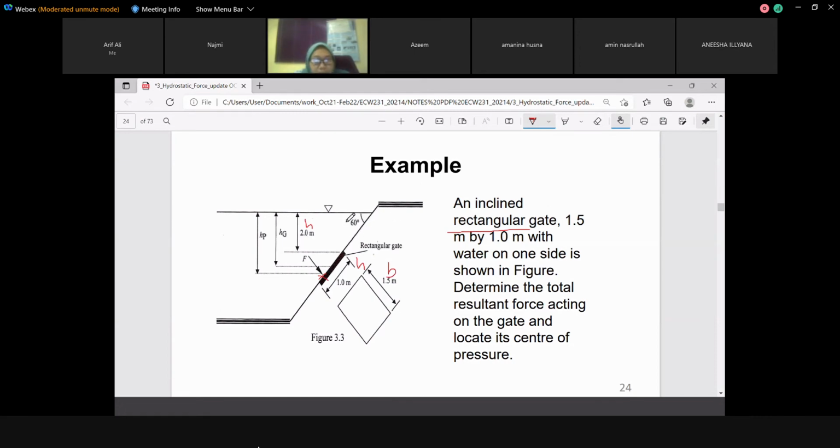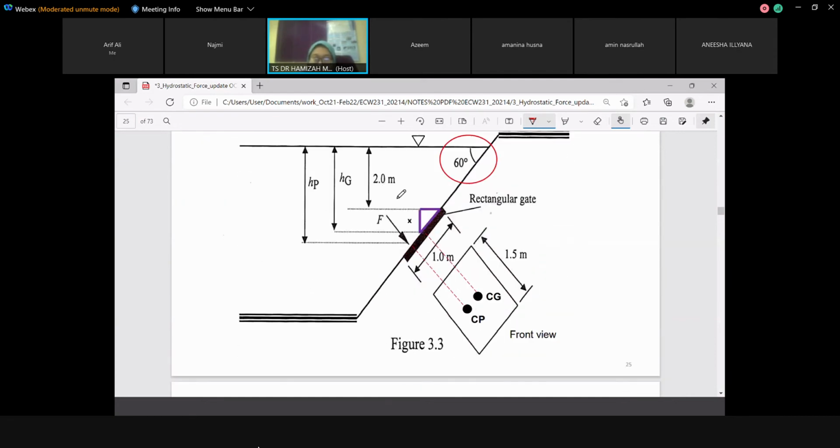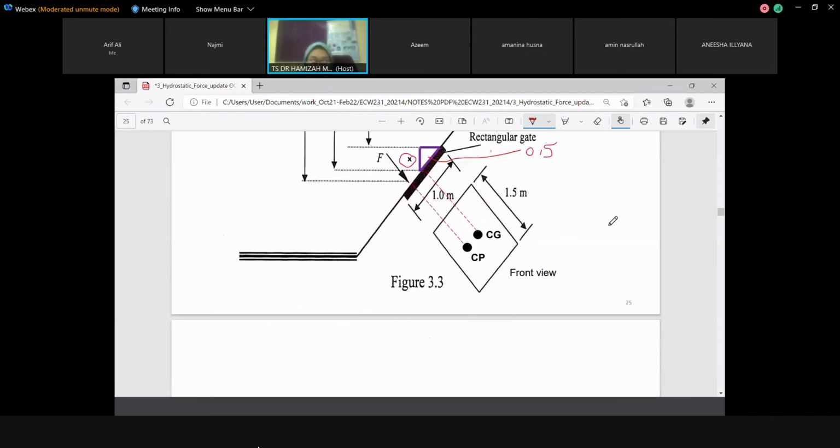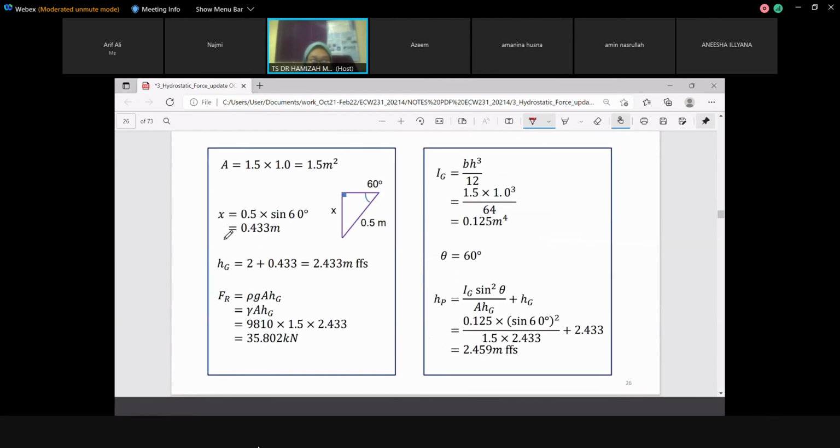Okay, why we need this angle? Sebab kita nak cari vertical height with the angle. Okay, so you can find the nilai X kat sini. Satu ni bahagi 2 sebab dia adalah center of gravity. So here is 0.5. Okay, using the 60 as the angle, you can find the value of X. So X ialah 0.433.